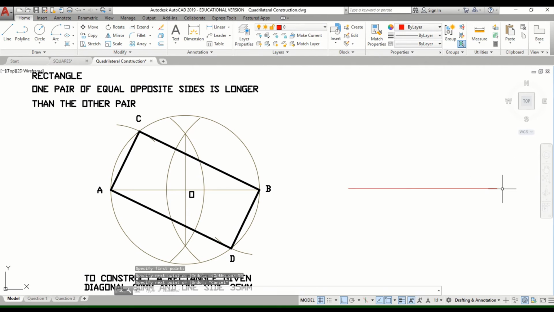And like we did with the square before, given its diagonal, we find the center of the diagonal by using the bisection construction.